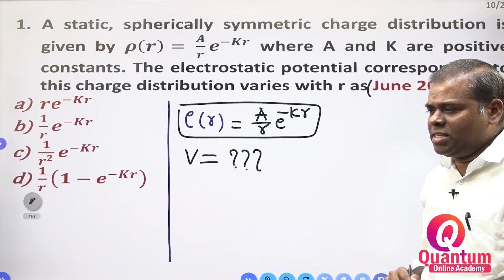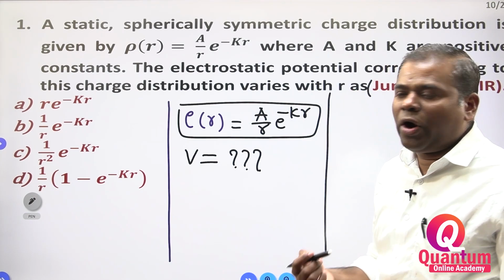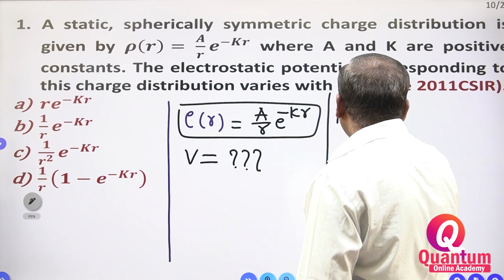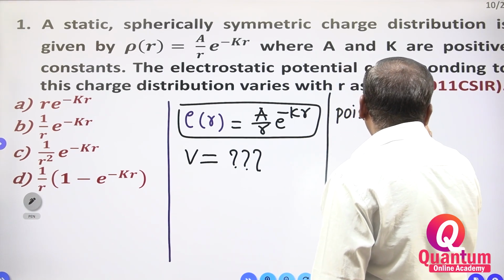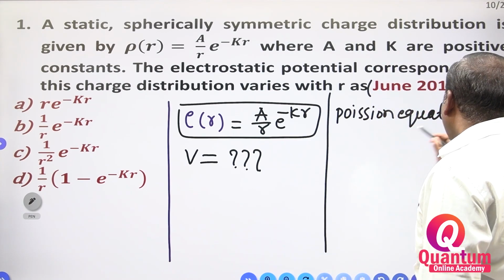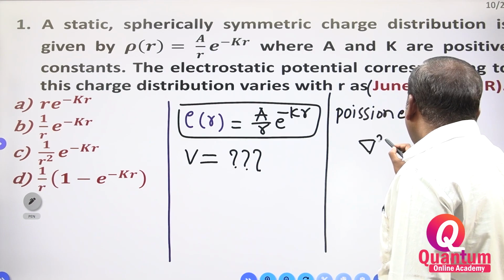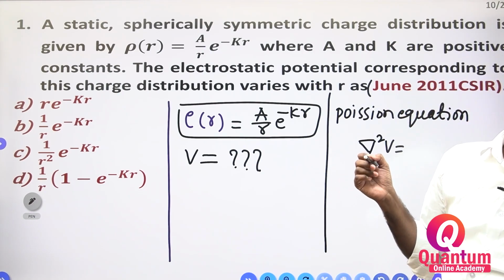This is very easy. From Poisson's theory, you know one thing. What is the Poisson equation?